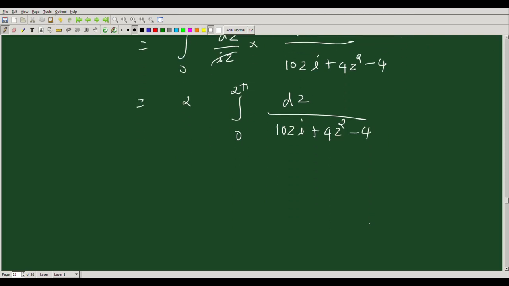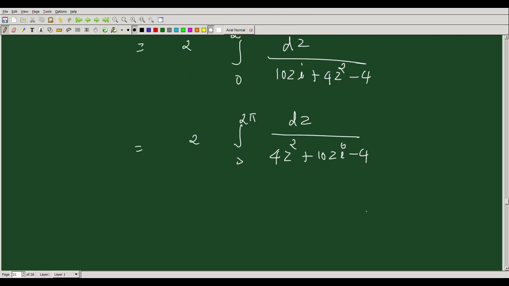And rearrange the quadratic equation, 2 times 0 to 2 pi. I have to rearrange: 4 times z square plus 10zi minus 4, right? The coefficient of z square comes first, followed by the constant. As already hinted in the previous problem, the z square coefficient must always be 1.